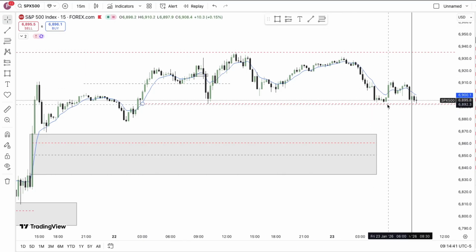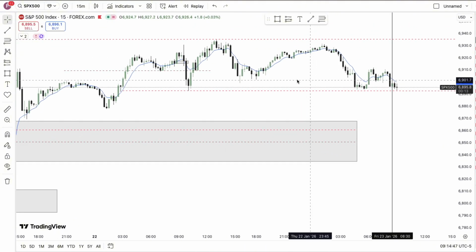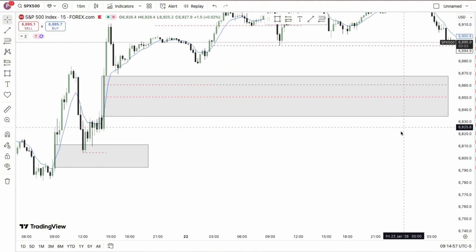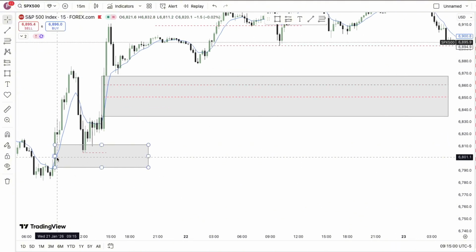That's a short-term bearish. That's mere retracement. So I'm waiting for price to at least tap into this zone. This is already retested. If it's coming down here, the least I expect it to go should be here.